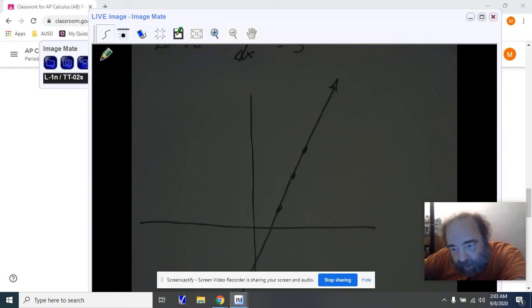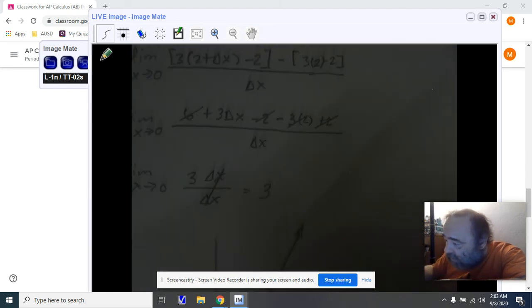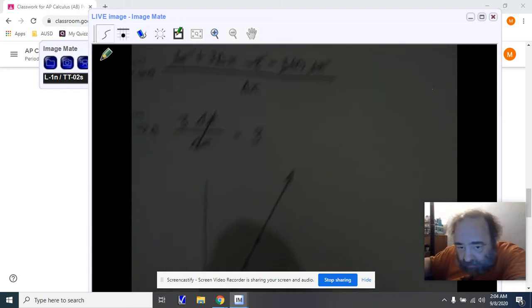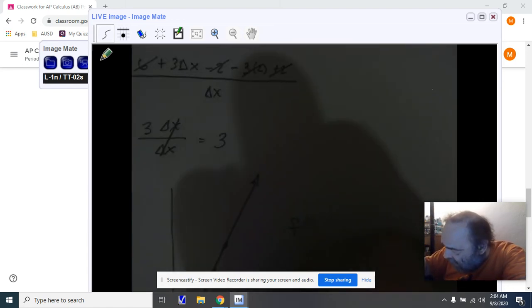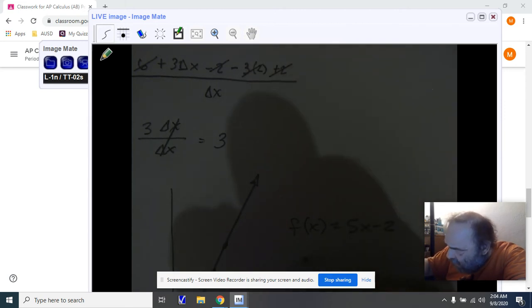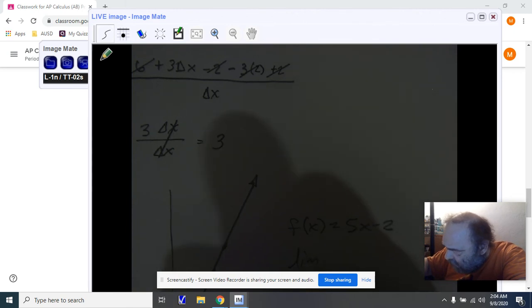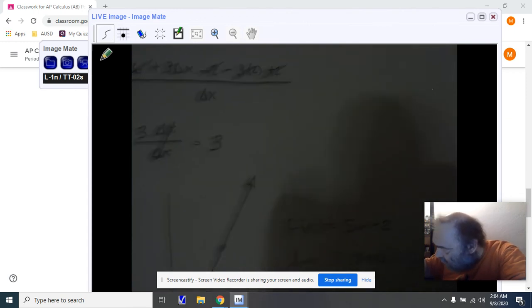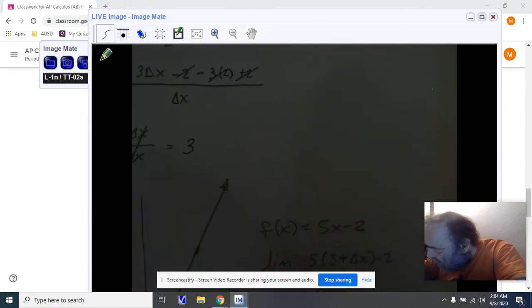So the slope of the tangent line at any point you might evaluate on a line is the slope 3. So if I were given a new function, let's say f of x equals 5x minus 2, and I ask, what is the limit as delta x approaches 0 for 5 times 3 plus delta x minus 2, and then we have to subtract and divide by delta x.